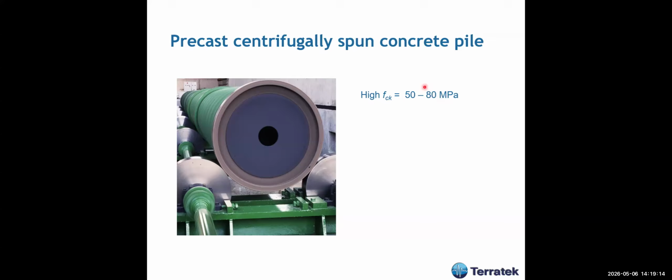In some recent jobs I have done with this pile, the strength of concrete was very high, and this makes installation much easier. And why? Because installation of concrete piles is a problem that we're going to discuss, because if you apply a lot of energy, you may break the pile in tension, as we're going to discuss later on.